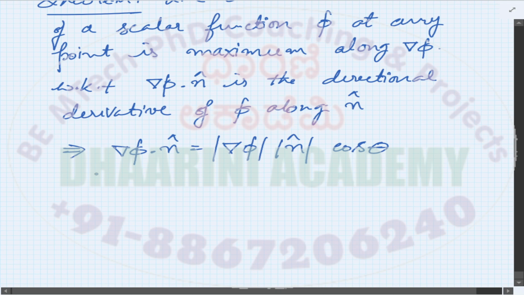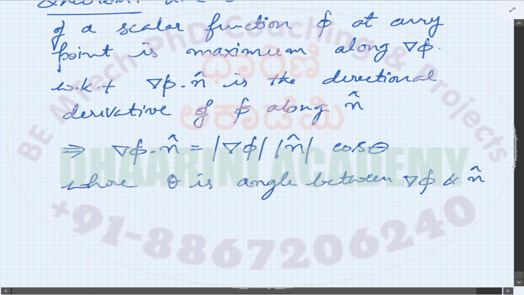So this is the equation where theta is the angle between del phi and n cap. Now you see that cos theta is the one, so magnitude of del phi is some magnitude value, magnitude of n cap is 1, right?